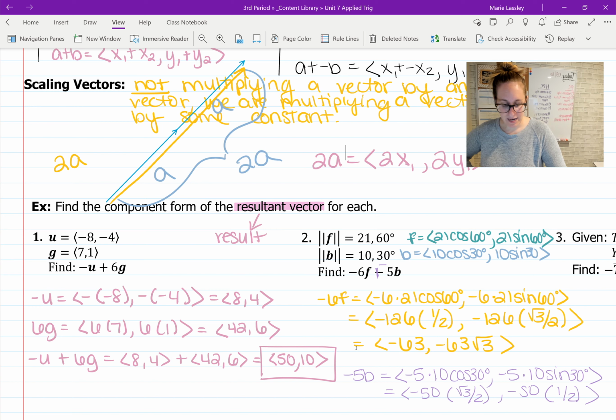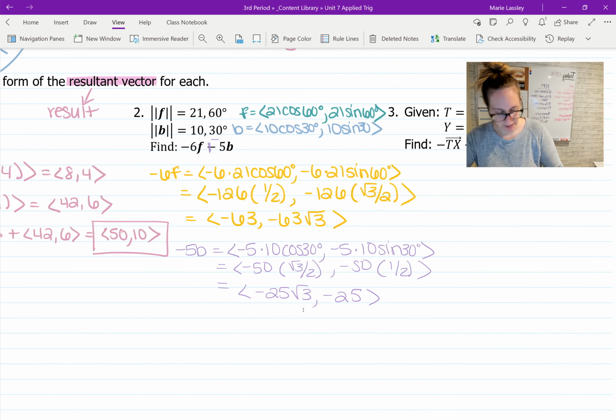Last but not least, we're going to combine. Oops, you guys can't see that. I just looked up and realized it wasn't in the right place. Adding these two vectors together, negative 6f plus negative 5b equals negative 63 minus 25 √3, comma, negative 63 square root of 3 minus 25.